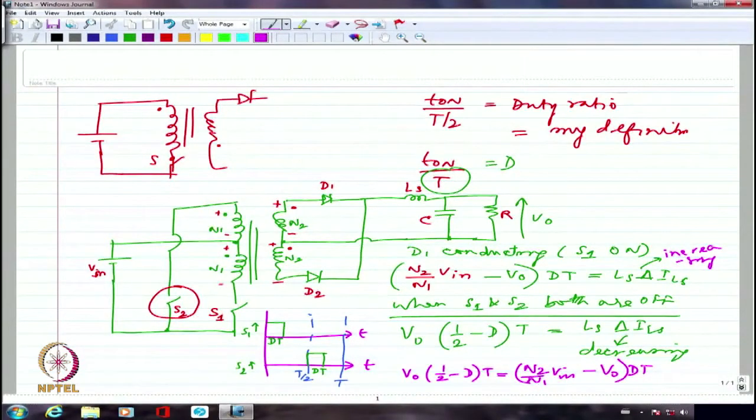When you add the two, this 2 factor will also come into the picture. So V naught is going to be N2 by N1 multiplied by V in multiplied by D multiplied by 2 also, because of the way we have defined the duty ratio.